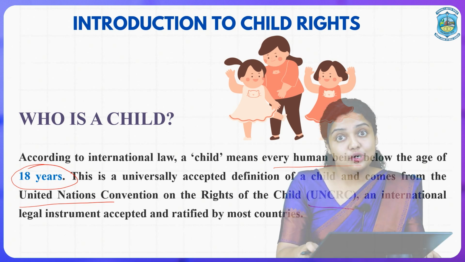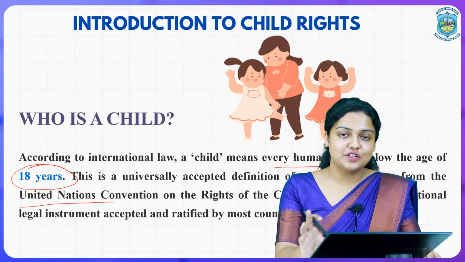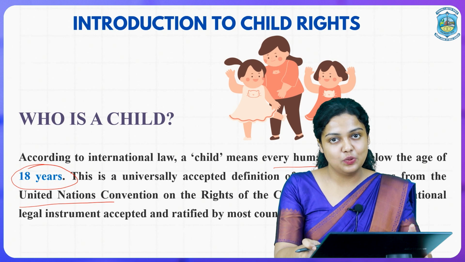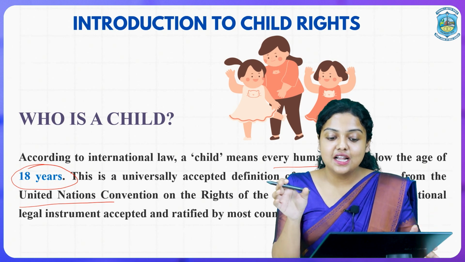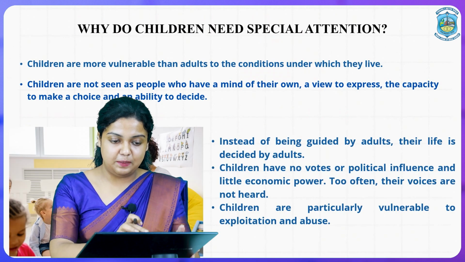So our second module is mostly about the UNCRC introduction and the rights given by UNCRC, which we will be looking at. So here the definition of a child is given by UNCRC. That means a child is every human being below the age of 18 years.